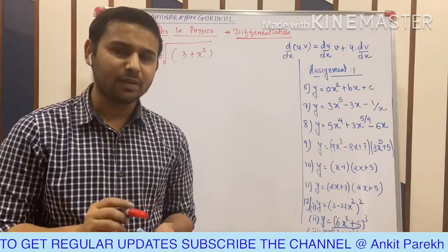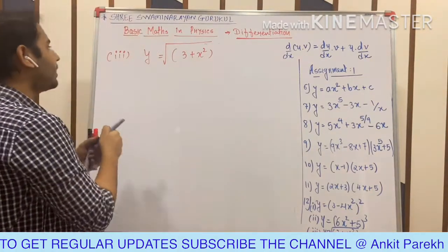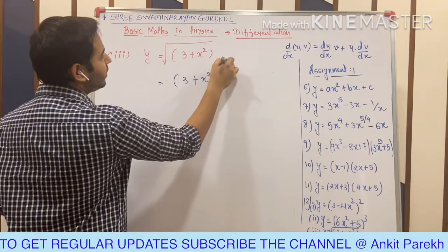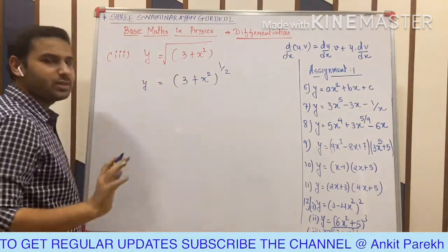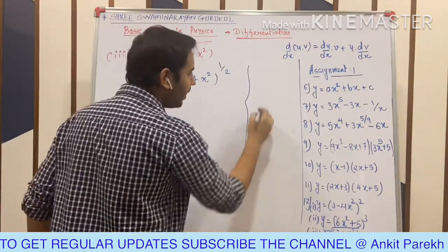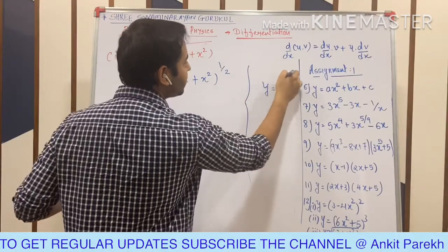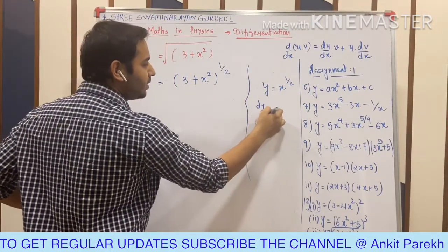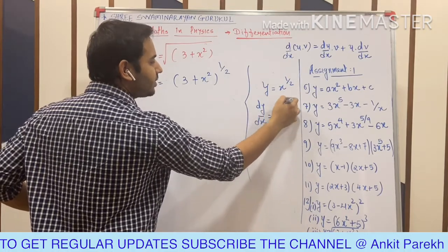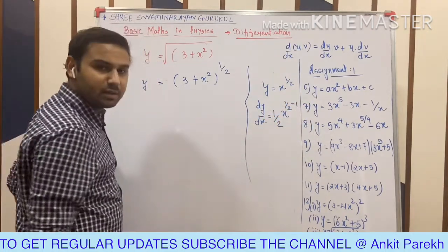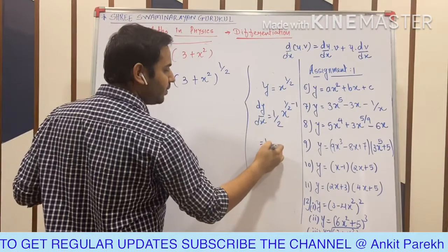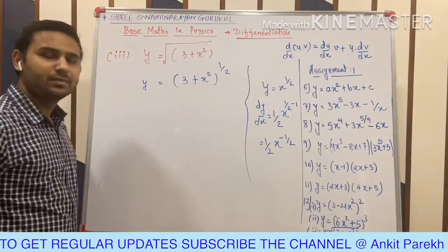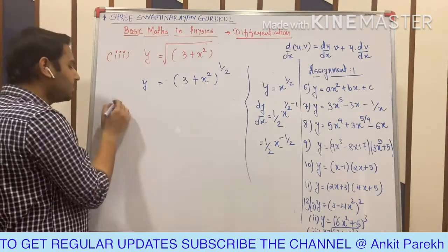Power 1 by 2. So I can write (3 plus x square) raised to 1 by 2. Now if y is equal to x raised to 1 by 2 is given, you shall write dy by dx is 1 by 2 x raised to 1 by 2 minus 1. So your answer will be 1 by 2 x raised to minus 1 by 2. Understood?